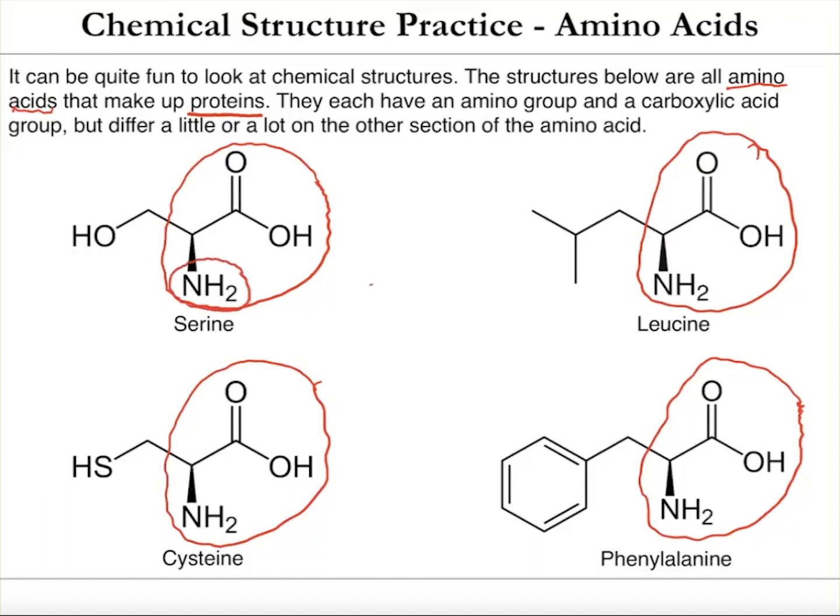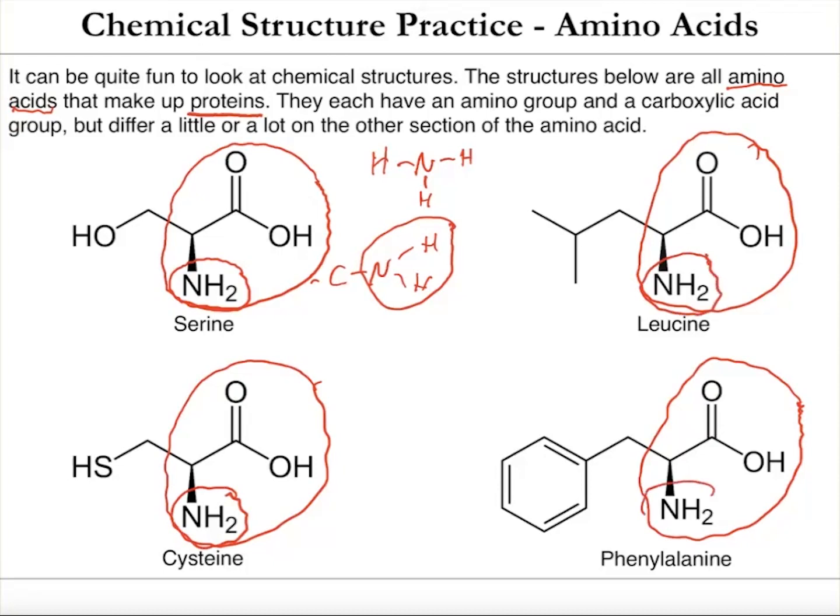This is a nitrogen bound to 2 hydrogens and then bound to a carbon that's bound to other stuff. That group is called an amino group, and it comes from the word ammonia, which is NH3, where the nitrogen is bound to 3 hydrogens. So each of these amino acids has this exact same amino group right here.